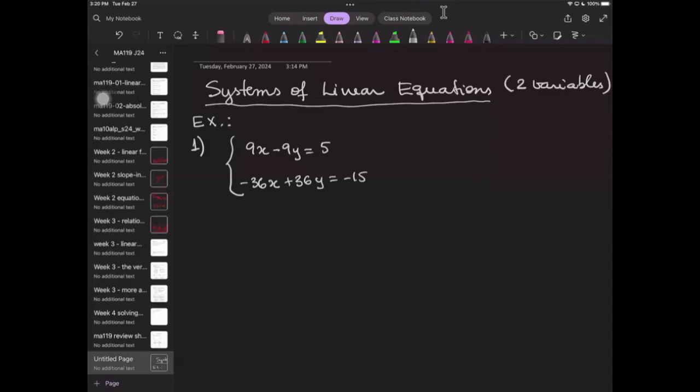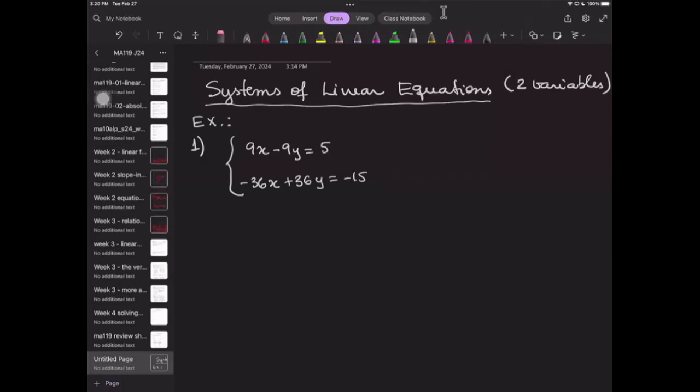Then you're supposed to have just one variable after that. The other method is substitution. You work with one equation, isolate the variable, and then plug that expression into the other equation that you didn't use yet. By doing that, you also eliminate one variable and solve for the other.